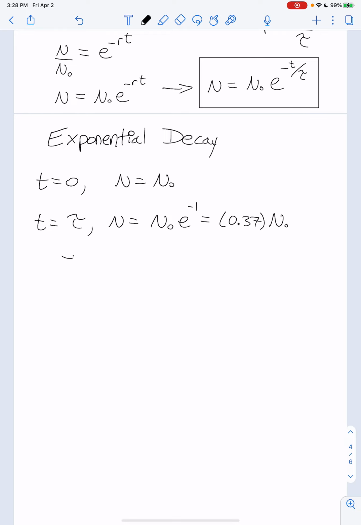It means that after tau seconds, or whatever units, 37% of the original remain, and 63% have decayed.